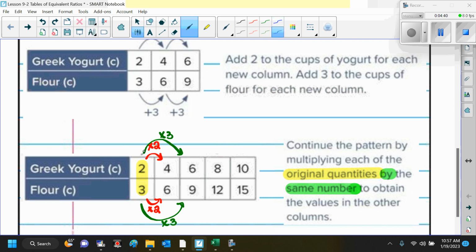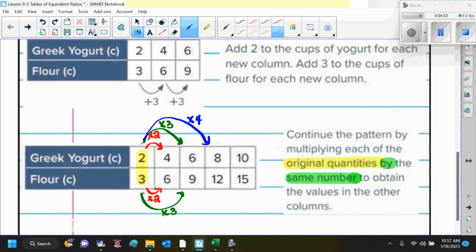So here, to get to the next equivalent ratio, what am I going to do to get from 2 to 8? By multiplying 4. Times 4. Very good. So here, I'm going to multiply times 4, 3 times 4 down here, also to get to 12. Right, whatever you do to the top, you have to do to the bottom.